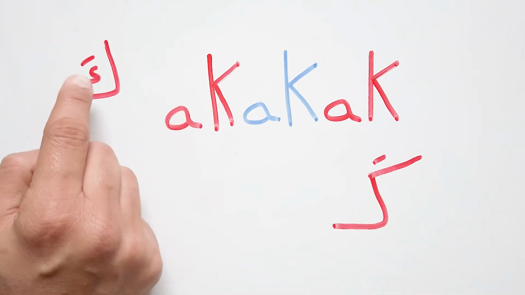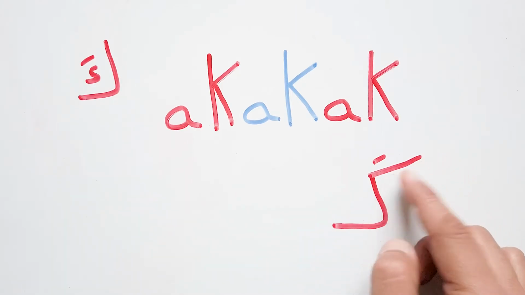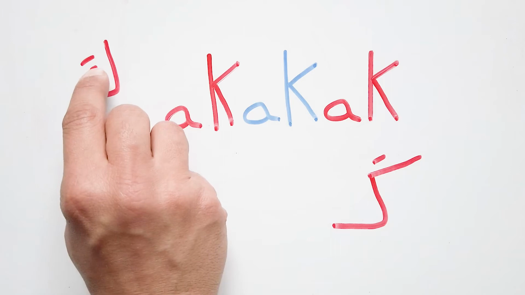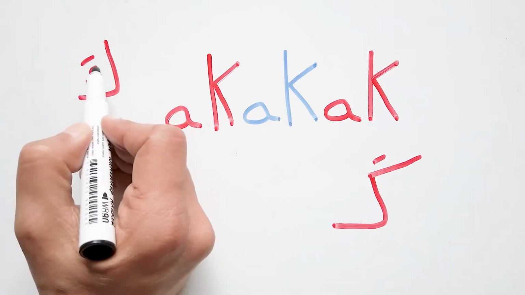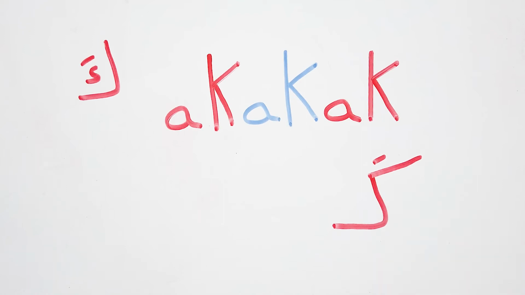And we will remove the hamza and we will add this line here as if we have a big hamza. It is not exactly like hamza. But for you to remember always, take this shape and then get this line of the hamza here in the top and add it here. So now you have ka.